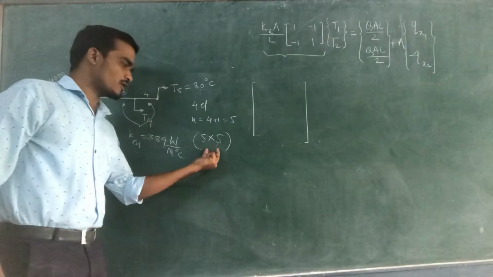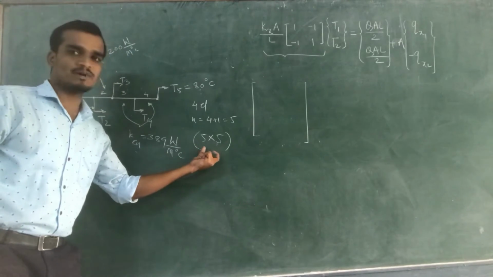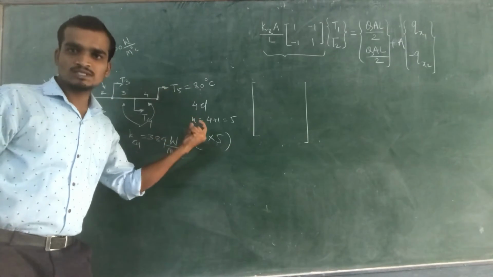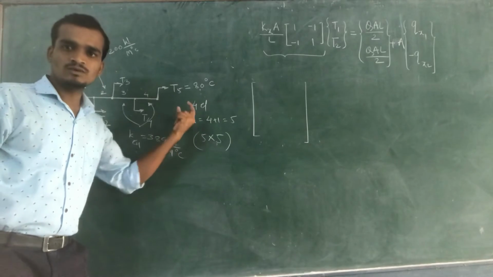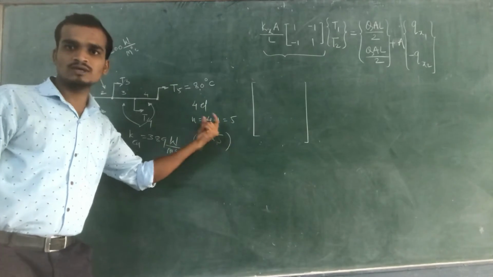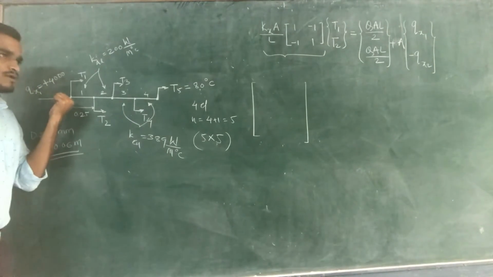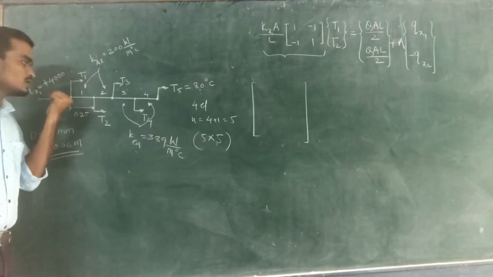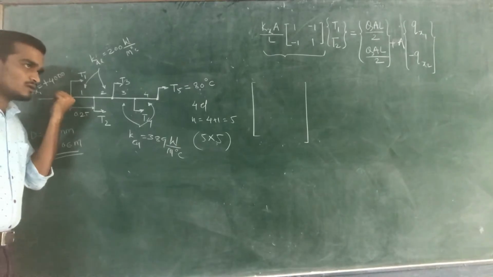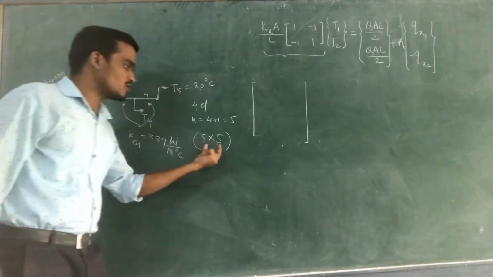The order of that matrix will be 5 by 5 because the number of nodes in the system is equal to the order of the matrix, depending on your degrees of freedom. Here only temperature is the degree of freedom, so only 1 degree of freedom acts on each node, and this will become a 5 by 5 order.